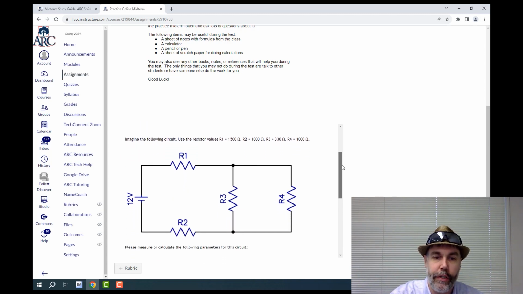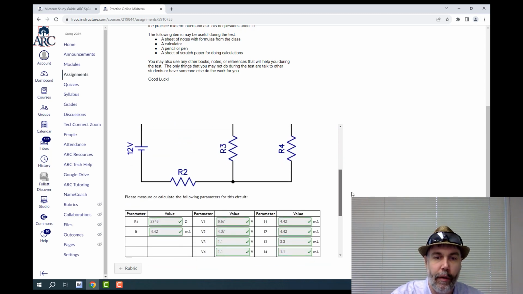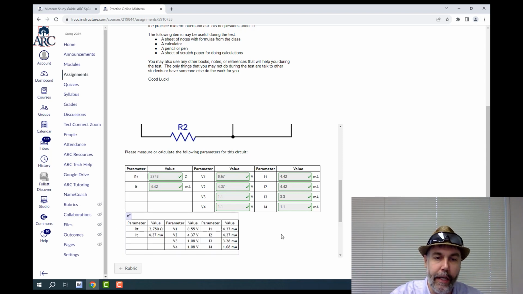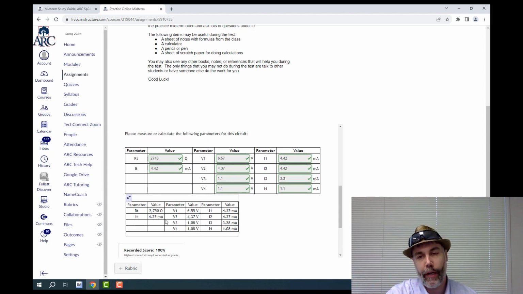So if you're curious about what happened, you can click on this tab that says Review Questions, and down here at the bottom, there's this key button. You should click on the key, and then that shows you all of the values that the computer calculated. So this shows you the answers that the computer thinks are right, and then you can compare those to the answers that you actually got.